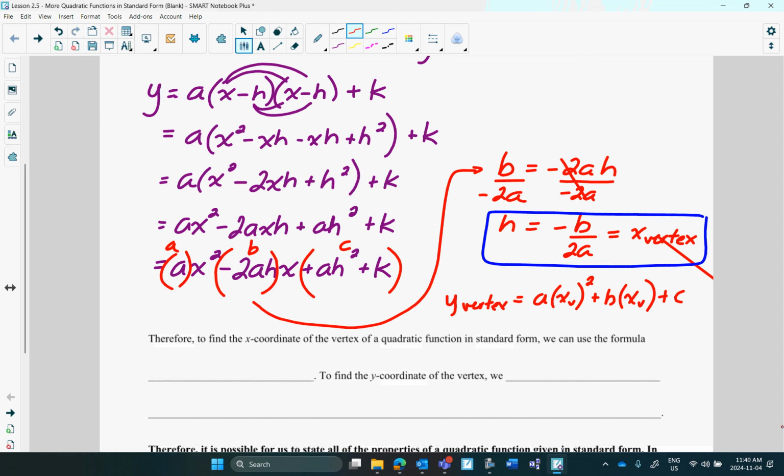This will make more sense when we do an example, because it looks pretty crazy now with all the letters. Okay. Just remember this.